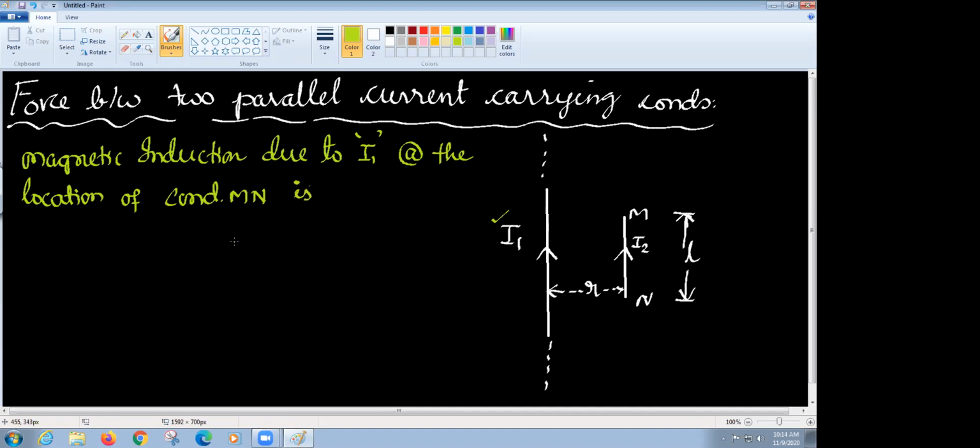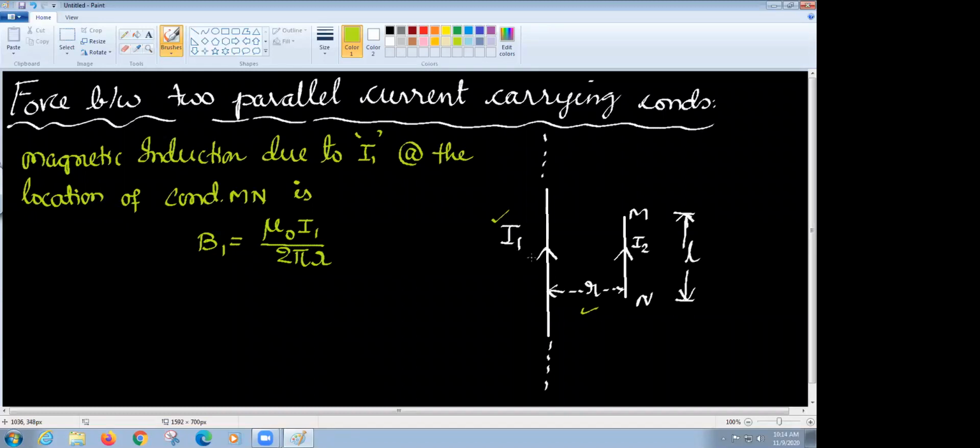What is B1? It is mu naught I1 by 2 pi R. Very good. As I have a long wire, at any point at a distance of R units the field is mu naught I1 by 2 pi R. How do you think the direction will be?